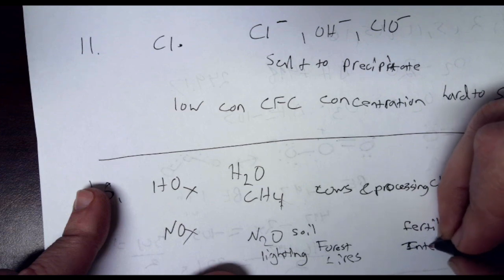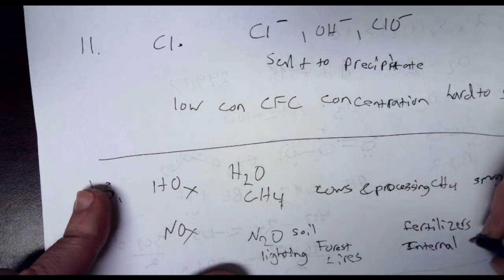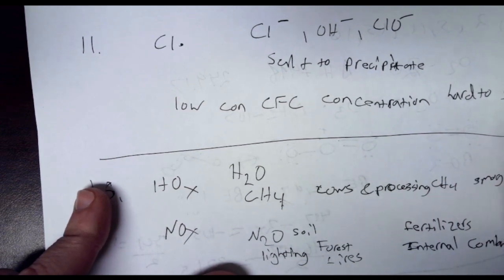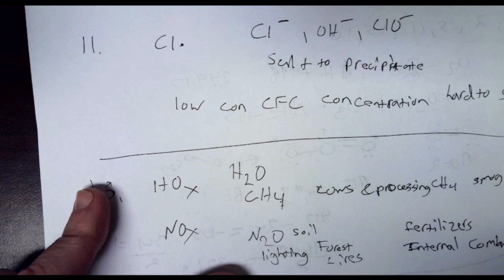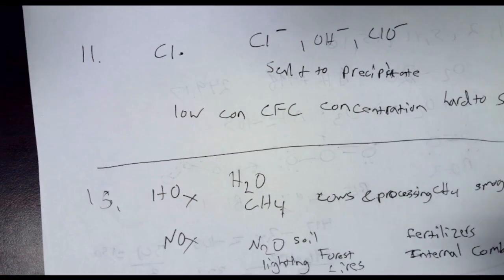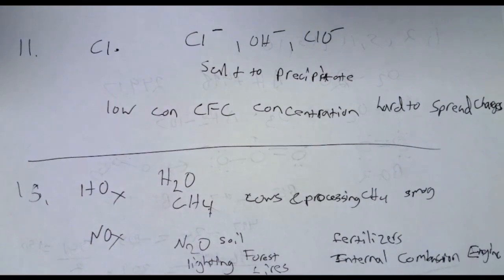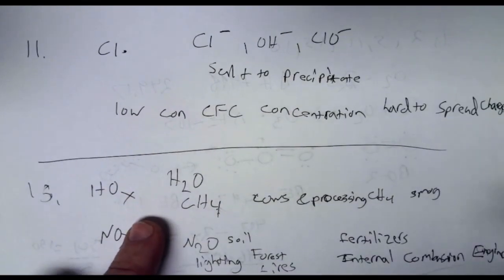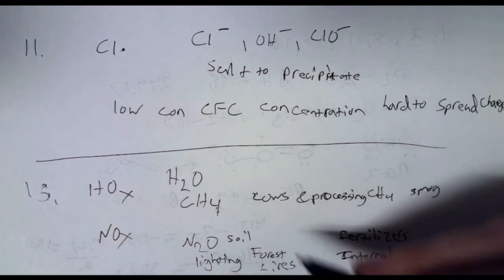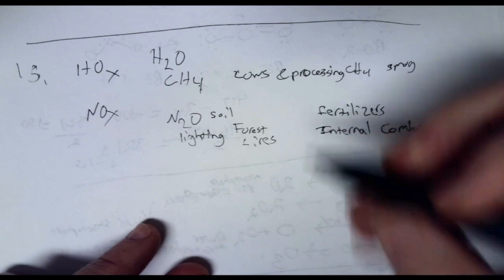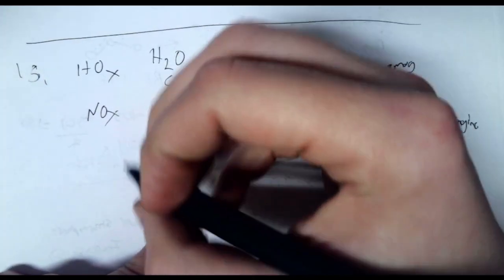Internal combustion engine. So both of these can come from combustion, and both of these can come from the soil, but the concentration of each will vary greatly. Because internal combustion engines, there's a lot more of that than we have forest fires and lightning. The N2O comes from the production in the soil, reduction in the soil. A lot less of that's going to come than, say, fertilizers we're going to put in the soil.